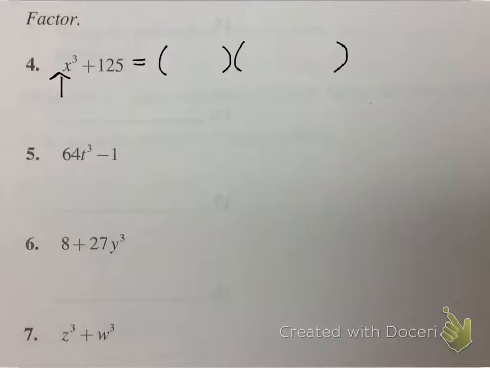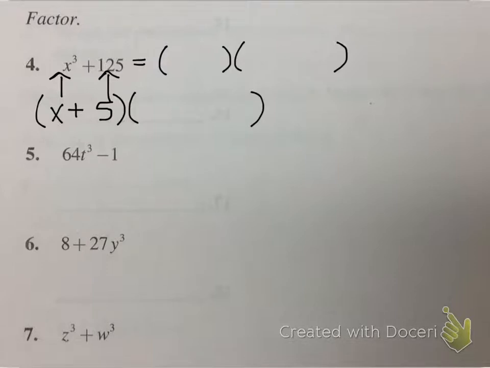Well, x cubed, what's being cubed? Well, x is being cubed. And what's being cubed in my second term? Well, 125 is 5 times 5 times 5. And since it's a sum, here is actually my binomial to help me get started, followed by my trinomial.